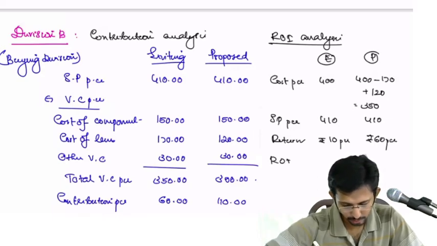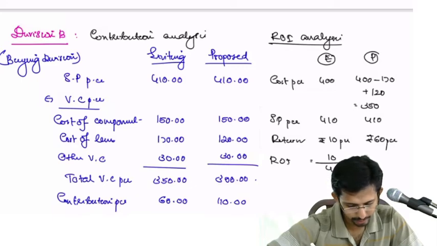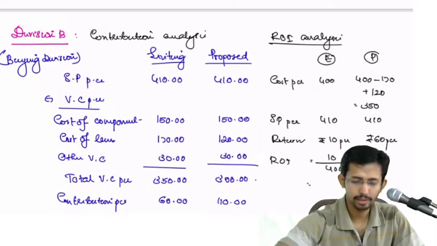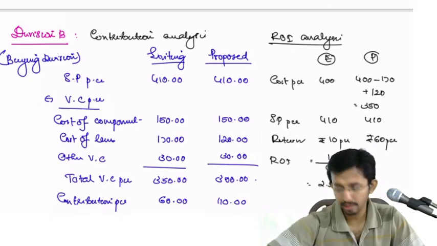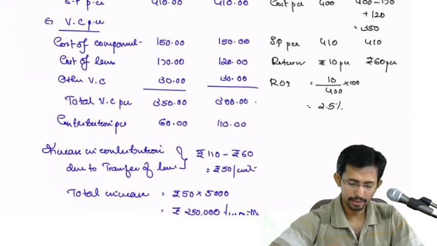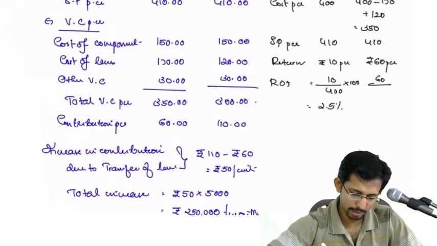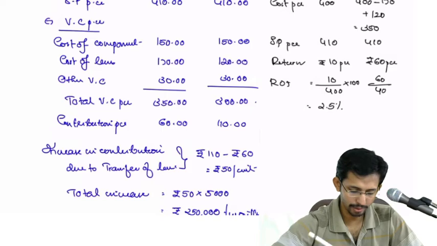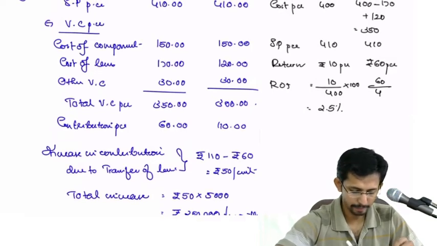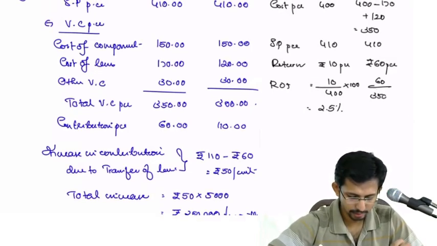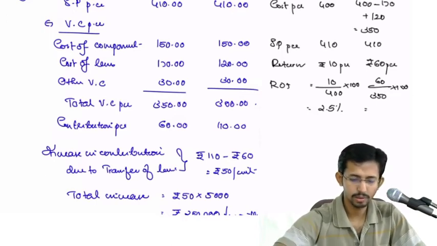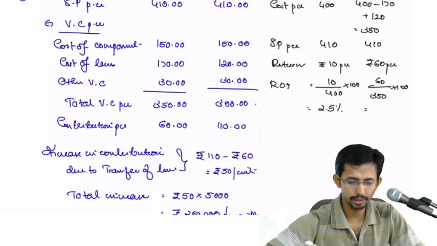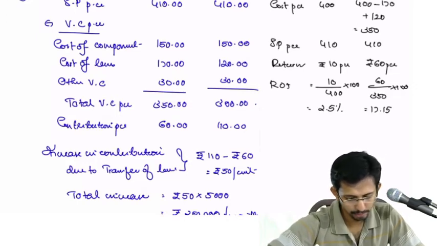Now return on investment, ROI, is equal to 10 divided by 400 into 100. So 10 divided by 400 will be 2.5%. Okay, and here it will be 60 divided by 400. No, not 400. The cost is only 350. So 60 divided by 350 into 100 will be 17.15.